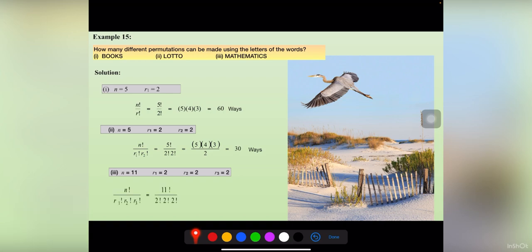So therefore, the number of arrangements of mathematics is n factorial over R1 factorial times R2 factorial times R3 factorial, which equals 11 factorial over 2 factorial times 2 factorial times 2 factorial. And this equals 4,989,600.